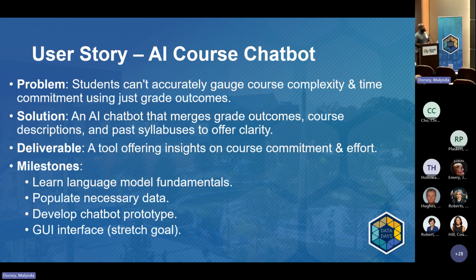And so this semester, students are looking at how do we take a syllabi and build it into a chatbot to help students get a better understanding around the time commitment for a course, dates for a course, things of that nature. And so that's where we've started with this team.